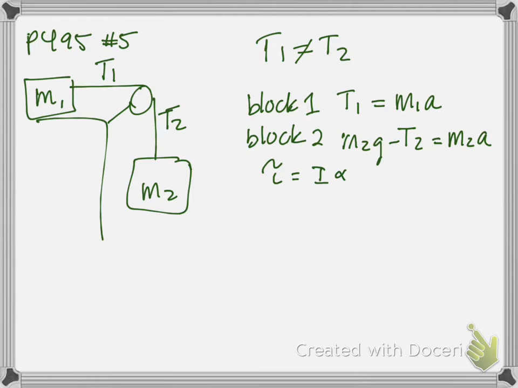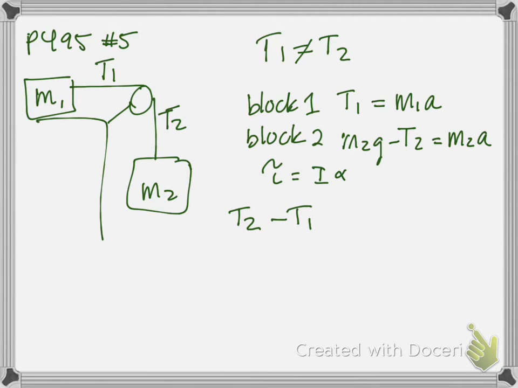do the net torque on the pulley, right? Assuming that the pulley is rotating clockwise here. So T2 is going to tend to pull it down, right? So think of T2 as pulling M2 up, but pulling the pulley in the clockwise direction. Then we're going to have a minus T1.